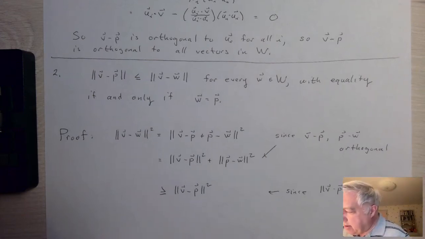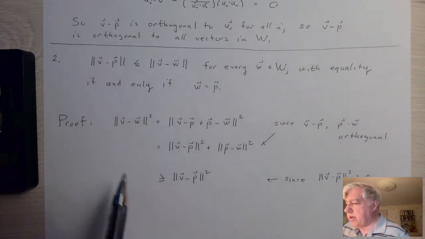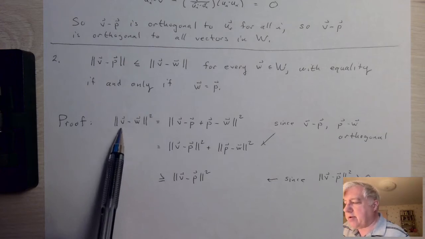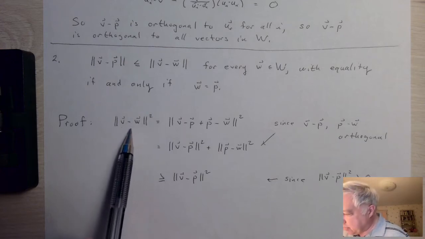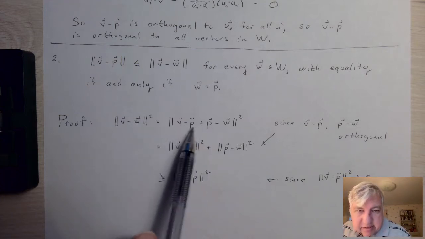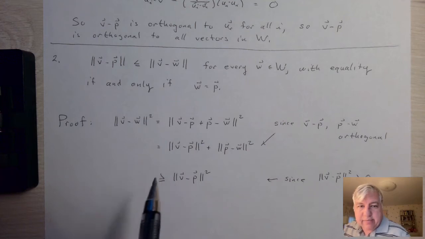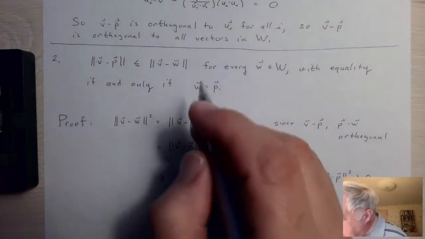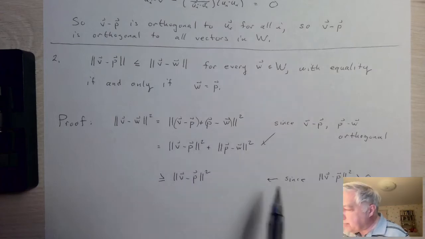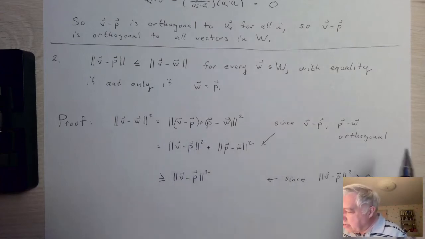Now, why is this true? What we're going to do is first take the square of the distance between V and w, and we're going to do a little algebra trick. We add and subtract P here. If we consider this difference and this difference, these are orthogonal to each other.